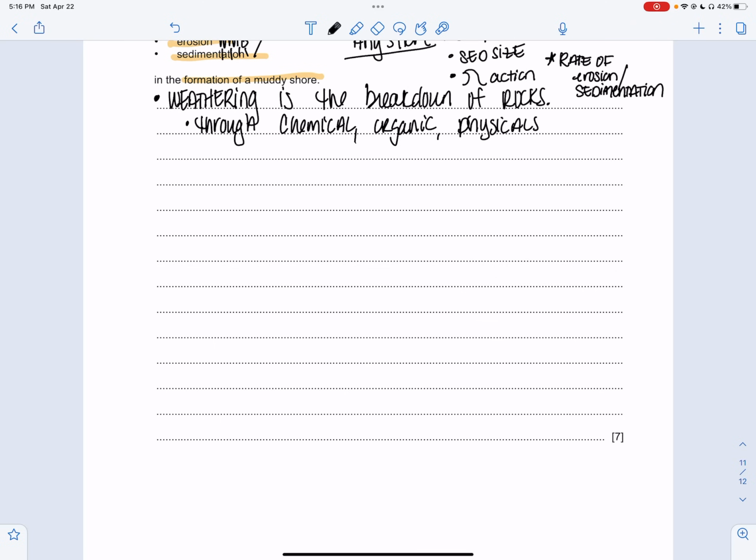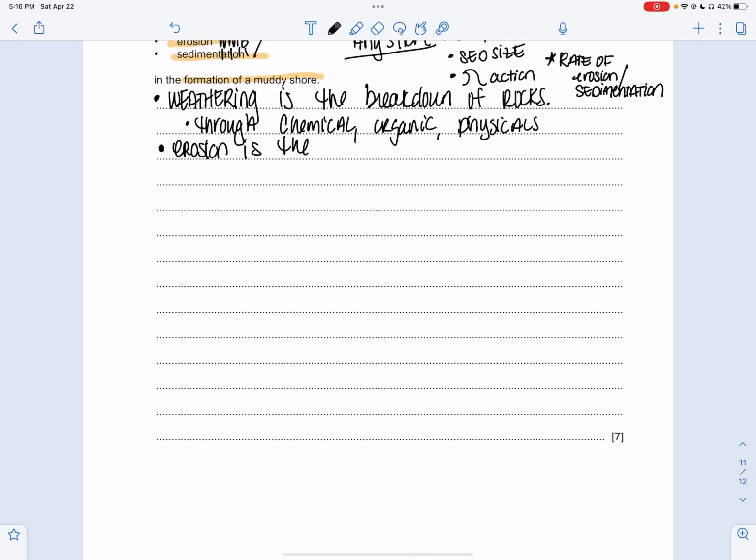So you could have physical. You could have the chemical, like oxygen and water influencing the rock, and then it physically gets broken. So maybe something heavy's on it. Organic would be something that's alive is forcing it to break. So maybe some tree roots. Alexa's reminding me to do the laundry. Gosh.